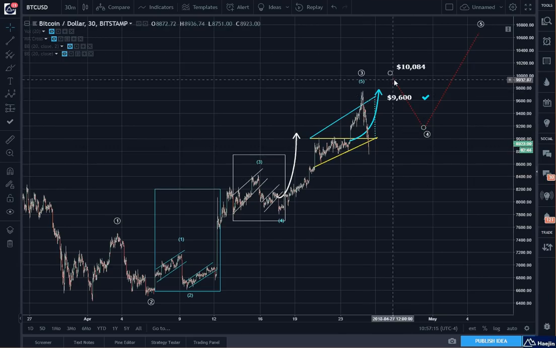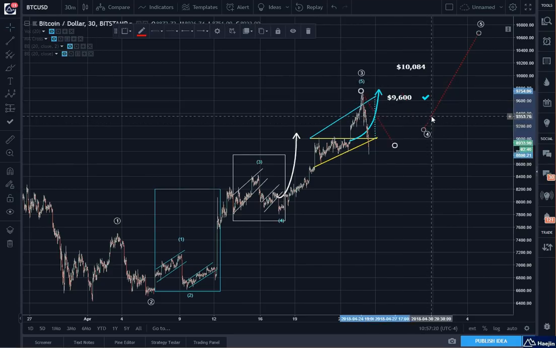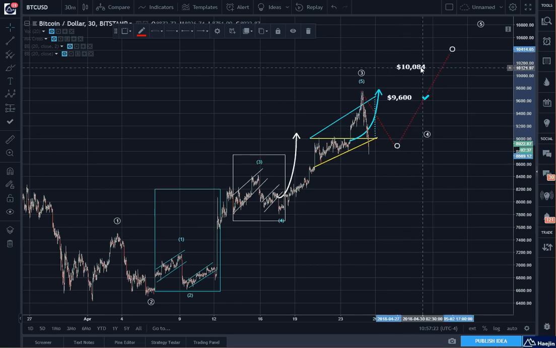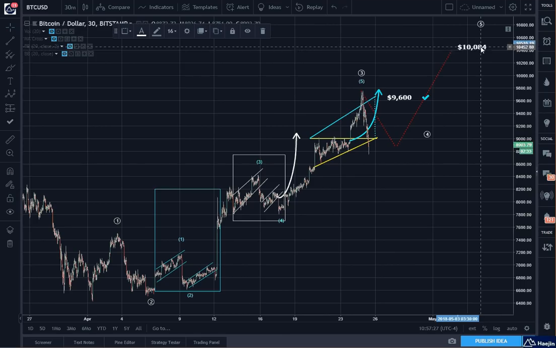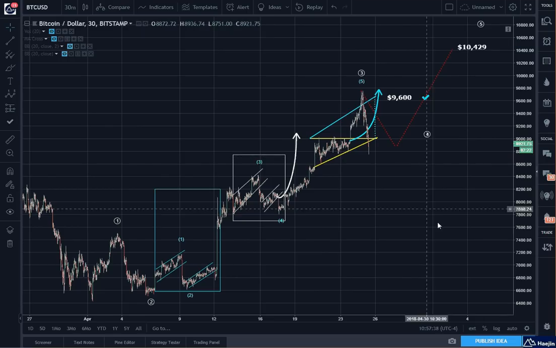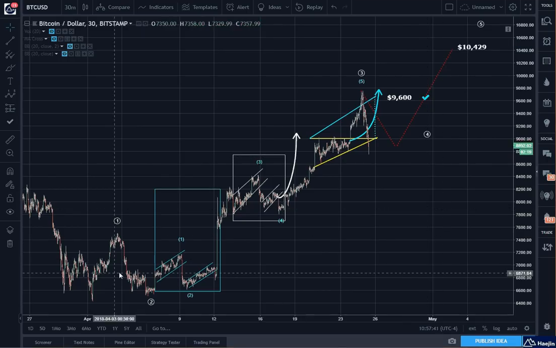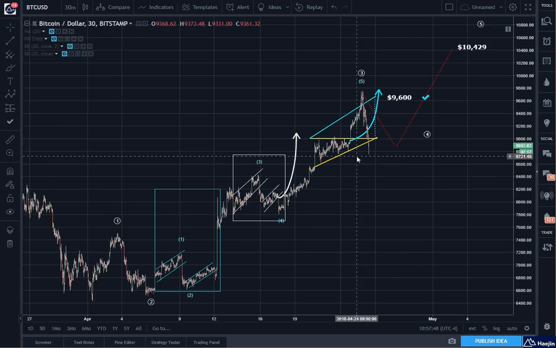And if this is wave 3, then wave 4 has to play out. And I would say wave 5 still stays at 10,429. Now, if we look at the depth of wave 3, I think it's pretty much where it had been.